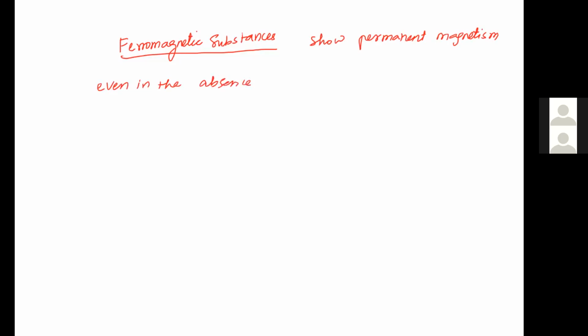Even in the absence of the magnetic field. These are ferromagnetic, and examples would be metals like iron, nickel, cobalt, and chromium oxide.